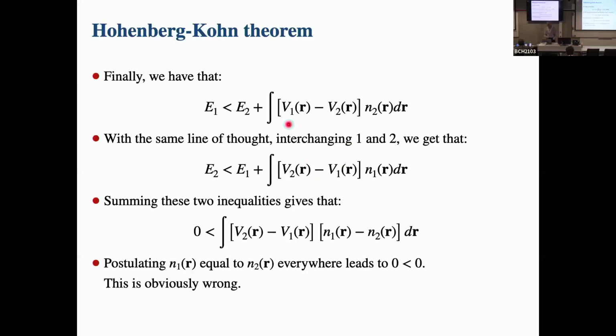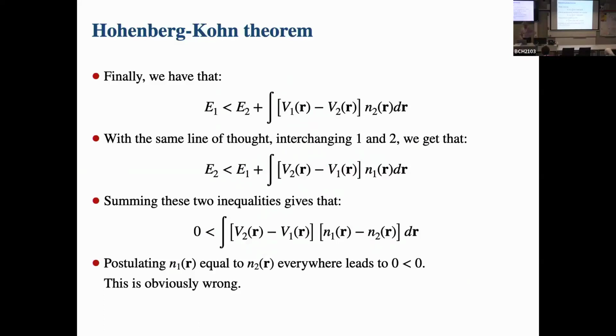And if I do the same by interchanging 2 and 1, I will get that E2 is smaller than E1 plus the difference that you have here. Okay? And now if I add these two, I have 0 smaller than, with a change of sign in the potential, V2 minus V1 times this difference here.